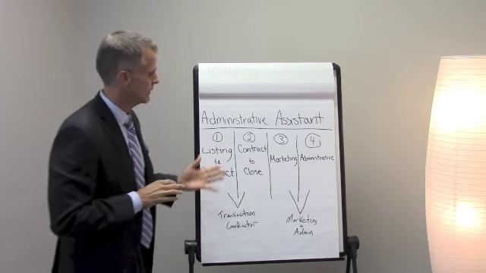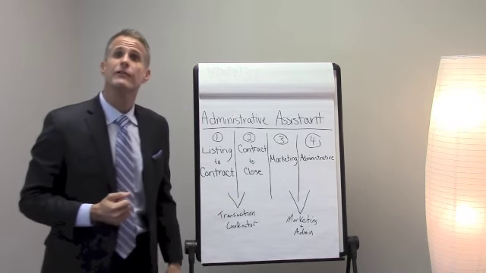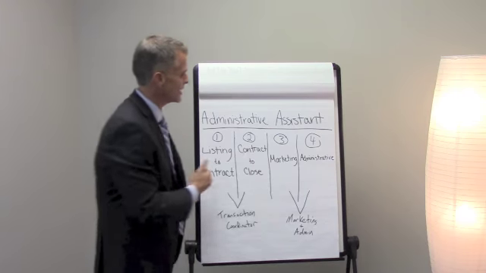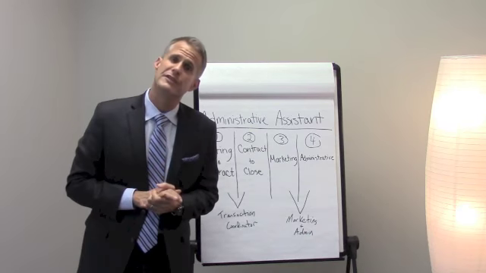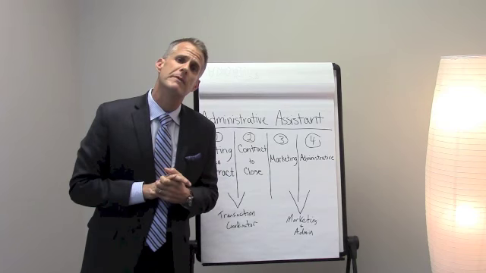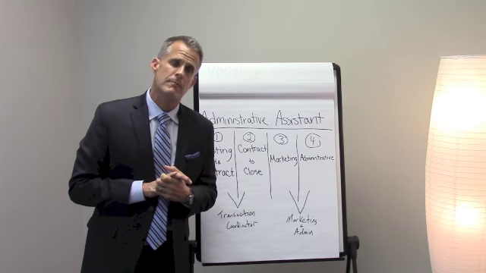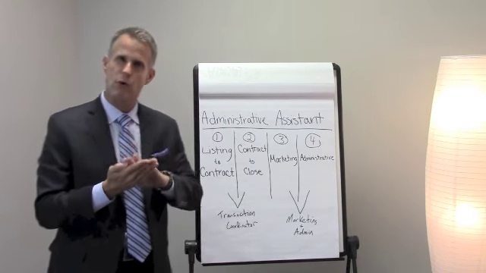So up here we've got a little list of the 4 major categories of an admin assistant and what they cover. And you can see that they take a lot off the plates of the real estate agent. See, in a perfect world, after you have a fully trained administrative assistant, the lead agent really only should be doing 4 things.